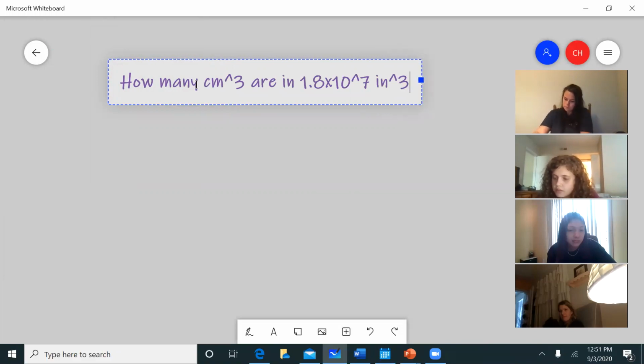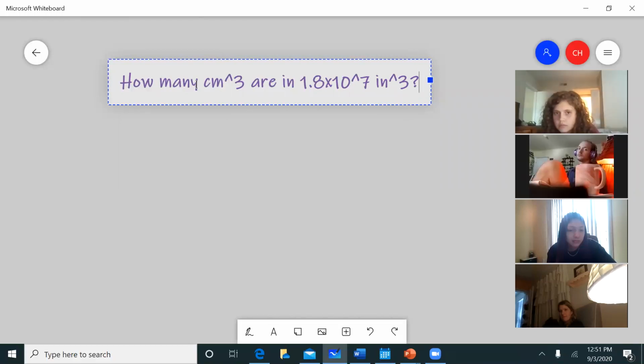So again, that little caret is just letting you know that it's going up. Okay, so how many centimeters cubed are in 1.8 times 10 to the 7th inches cubed?